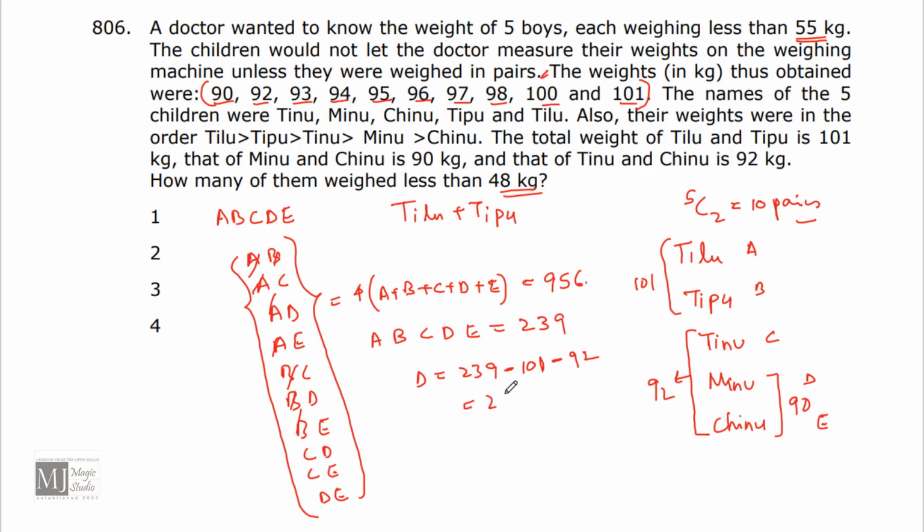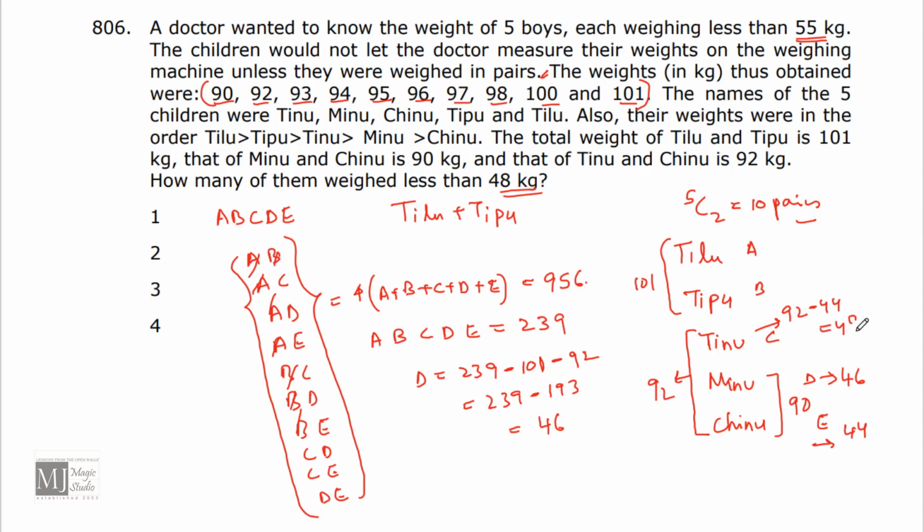This will give me 239 minus 193, that is 46. Minu is 46 kg. Now, Minu and Chinu is 90, so Chinu should be equal to 90 minus 46, that is 44. Now, Chinu and Tinu is 92, so Tinu should be equal to 92 minus 44.